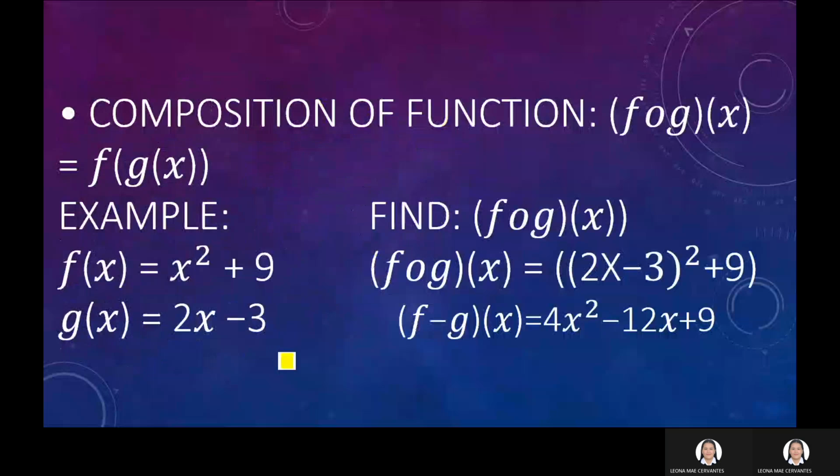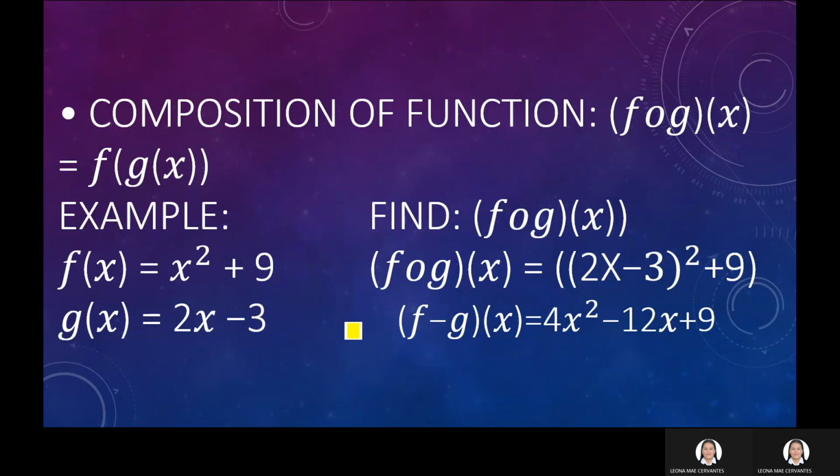Next, another example. We have composition of function, f composition of g of x is equal to f with g of x. So the value of f of x is equal to x squared plus 9. G of x, we have 2x minus 3.